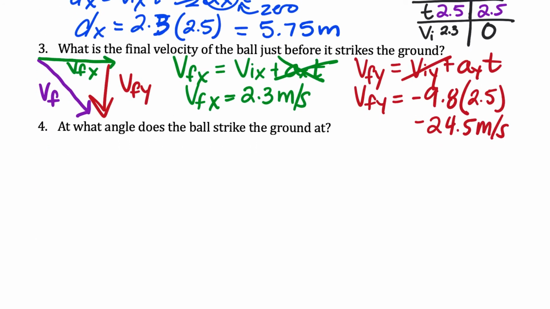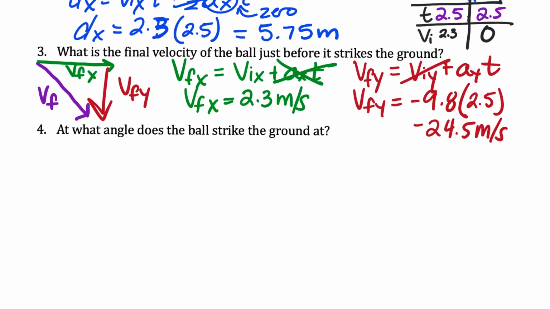So you're going to now do Pythagorean theorem. So you're going to have 2.3 squared plus 24.5 squared. I'm making this positive because this negative is telling us which way it's going, and this arrow in the drawing is now telling us which way we're going. So this value is 24.5.